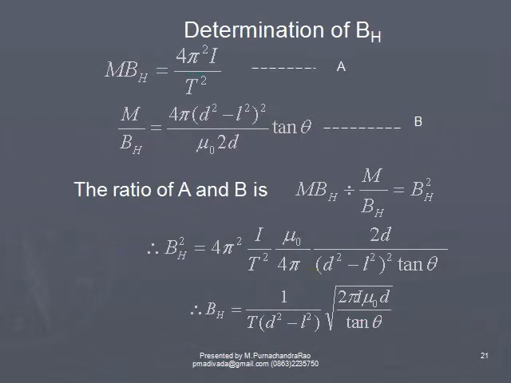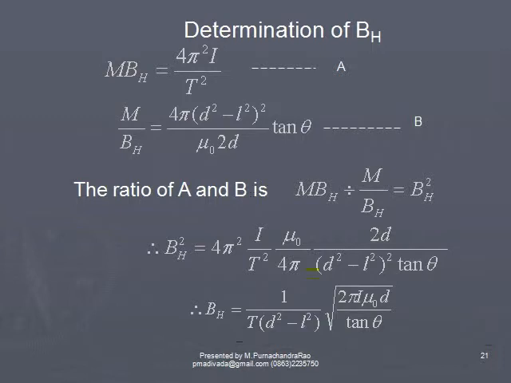Determination of M and BH. We have obtained the relation for MBH from vibration magnetometer as MBH is equal to 4 pi square I by T square.